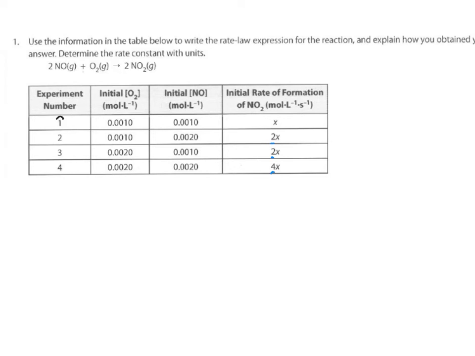So if I look at experiments 1 and 2, my O2 stayed the same. My NO increased by a factor of 2. My rate increased by a factor of 2, which is the same factor. So I would say in experiments 1 and 2, concentration of O2 was constant.